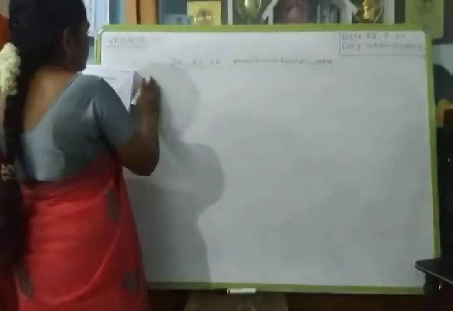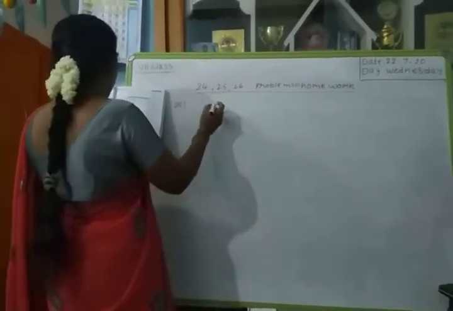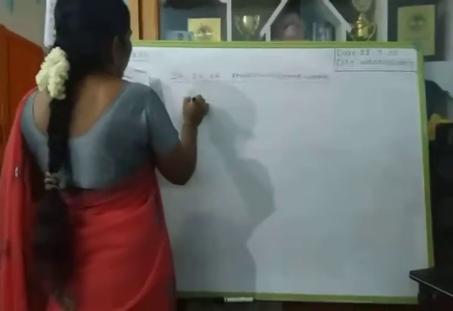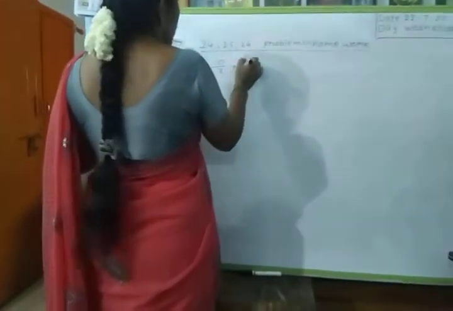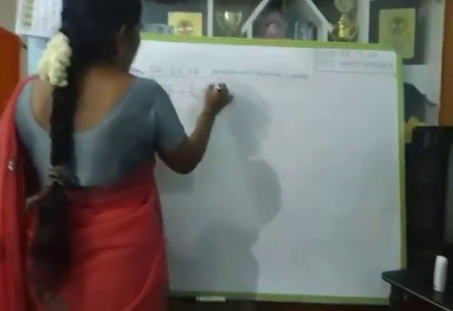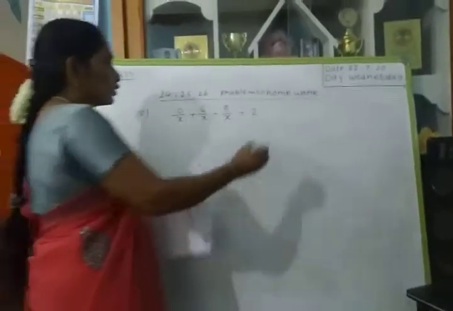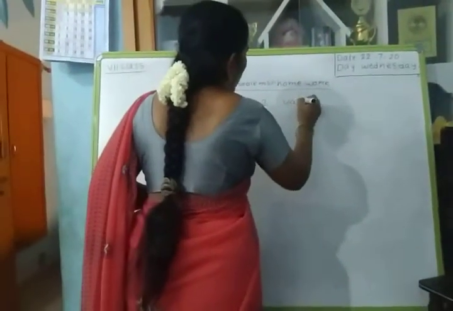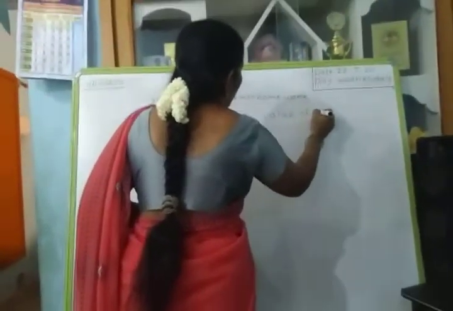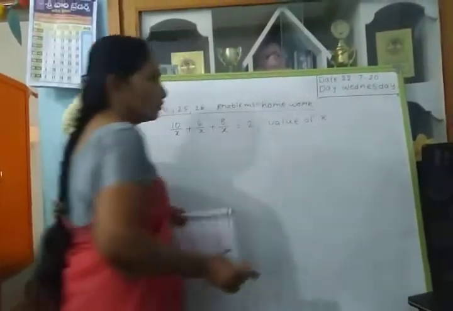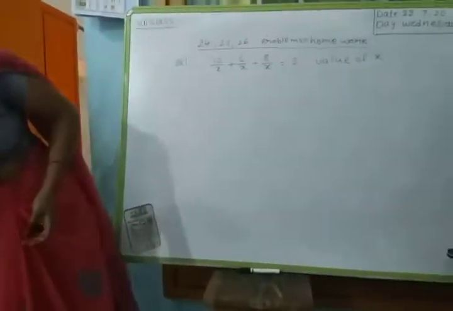Comprehension type. 28th problem. 10 by x plus 6 by x plus 8 by x is equal to 2. Then the value of x. What do we have to find? We have to find the x value.